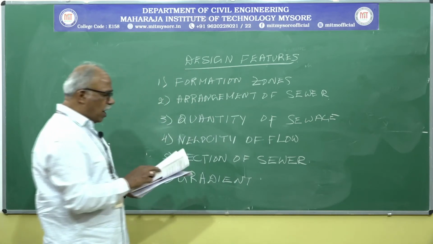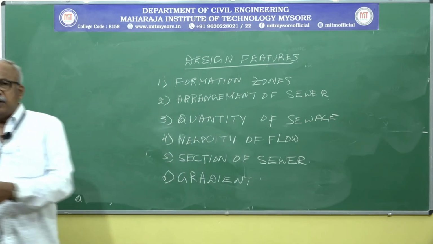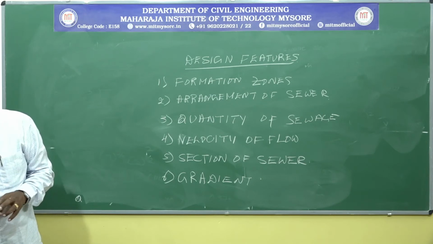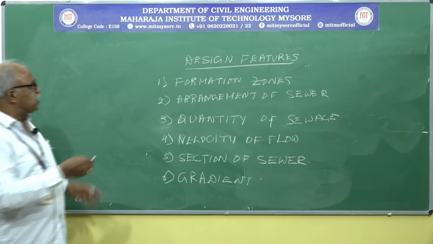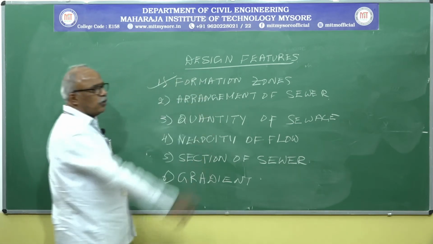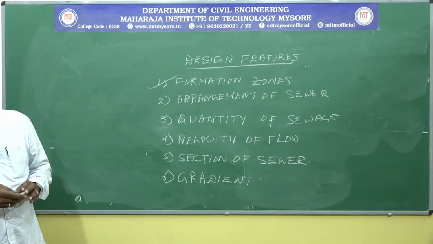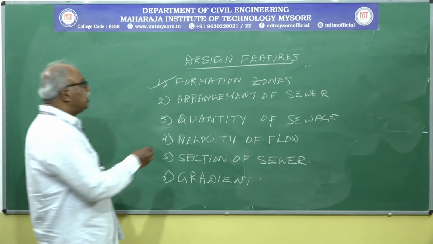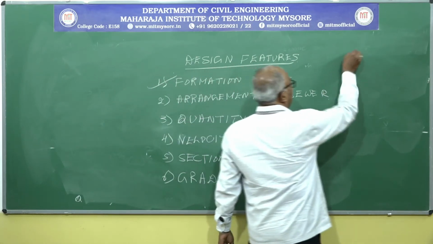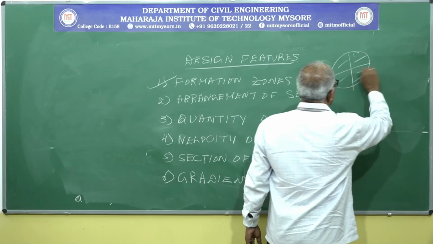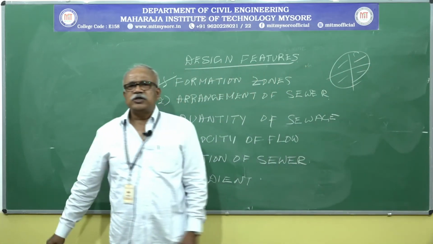We have to achieve the minimum and maximum velocity, so you have to follow all these things. What do you mean by formation of zones? The area to be served by the drainage system is divided into different zones. If you want to serve the area, we have to make different zones.